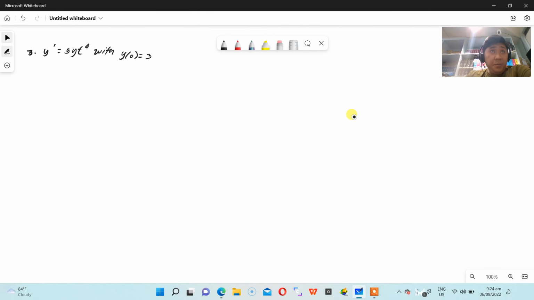Now, from here, if you have values like this, it means that you are solving initial value problems. So, instead of the general solution, you will be getting the particular solution.